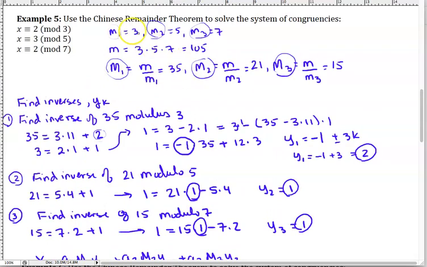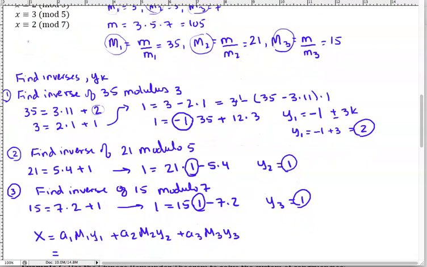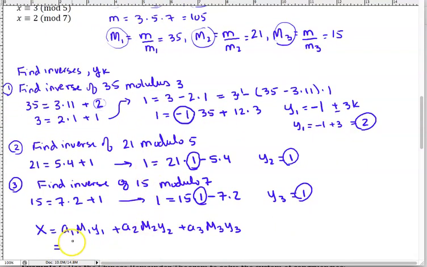The a's are the numbers that appear here, the 2, 3, 2. So we get 2 times 35 times 2, 3 times 21 times 1, and 2 times 15 times 1.